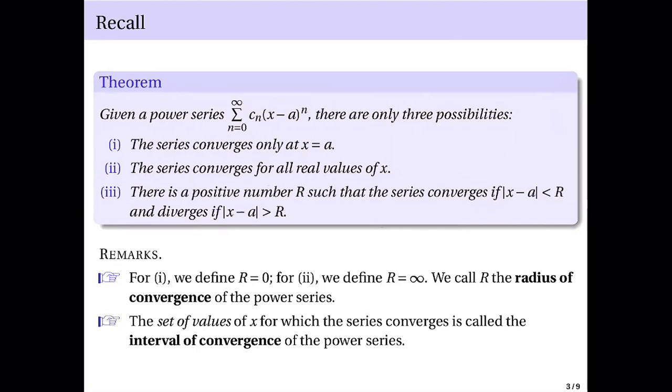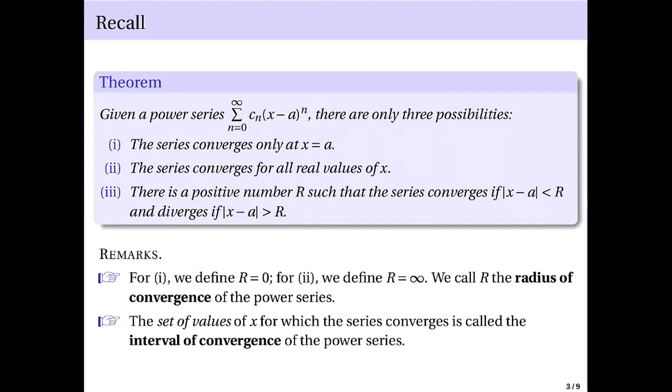And of course, for the third case, there is that positive number r that will be obtained. Okay, we call this r the radius of convergence of the power series. And then the set of values of x for which the series converges is called the interval of convergence of the power series.